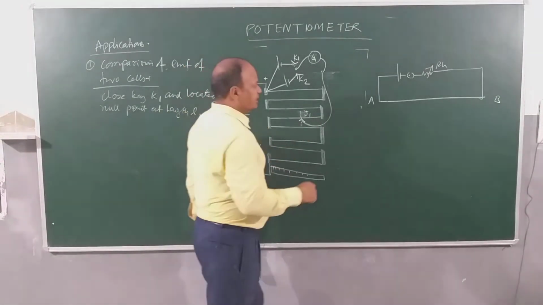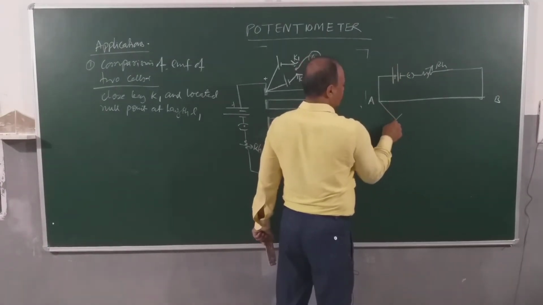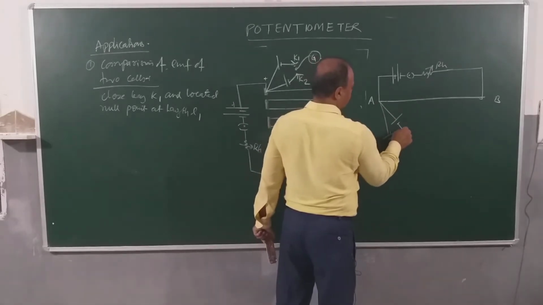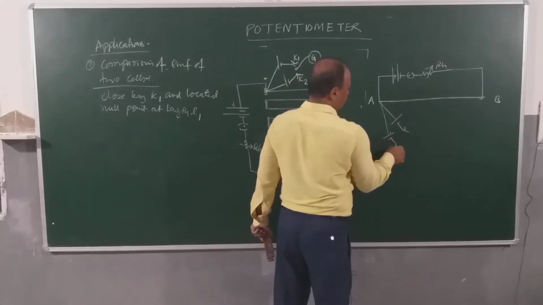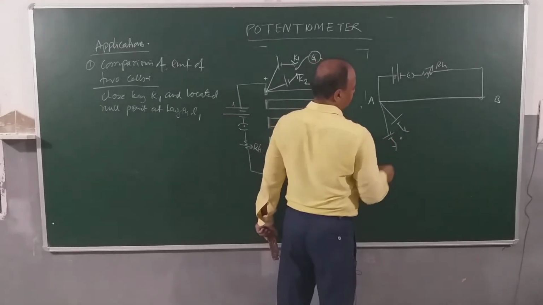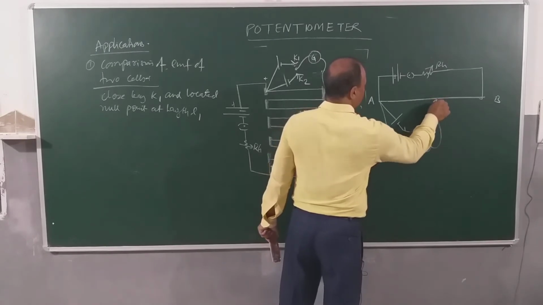Right? I can illustrate it here. Suppose this is the battery, and this is how I have connected the two cells. Right? This is one key. This is the other key here. This is connected to the galvanometer. This is connected to the jockey.